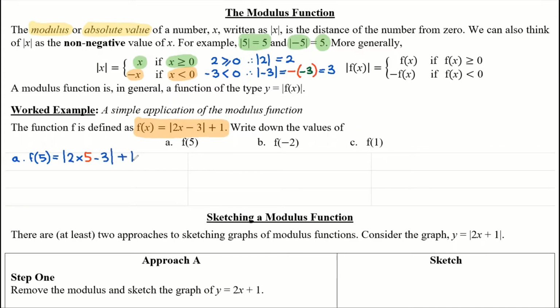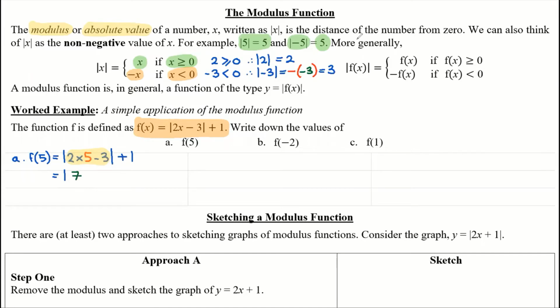Okay, so as you would any other function, we're going to use BIDMAS here. We're going to evaluate what this is inside the modulus first before we can apply the modulus function. So if we evaluate that, that's going to be the modulus of 2 multiplied by 5, which is 10, subtract 3, which is 7. So I'm just going to replace all that with 7.